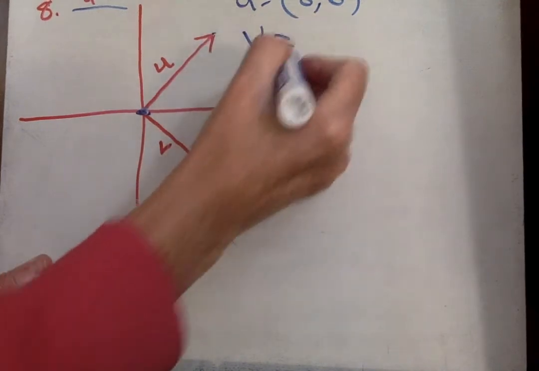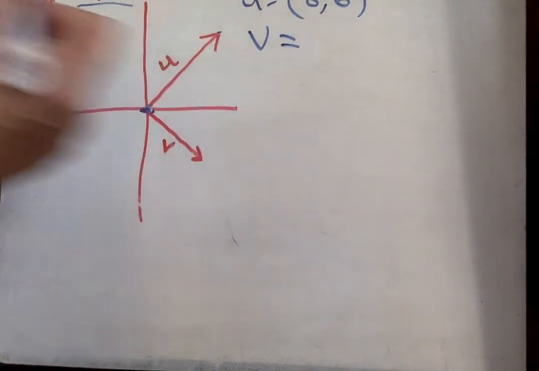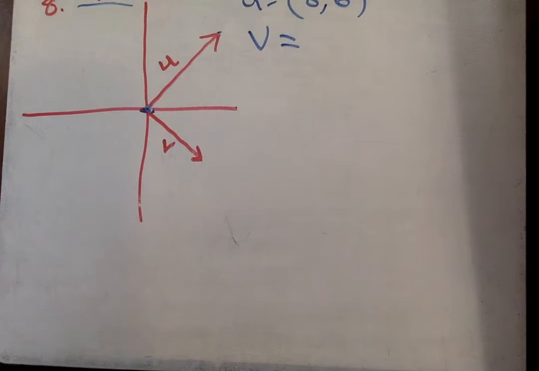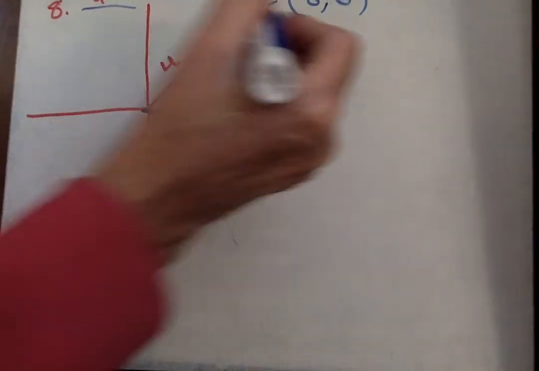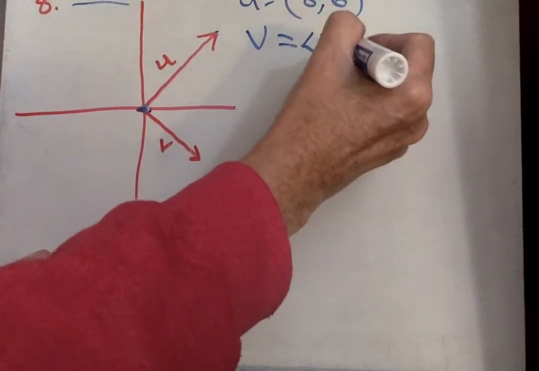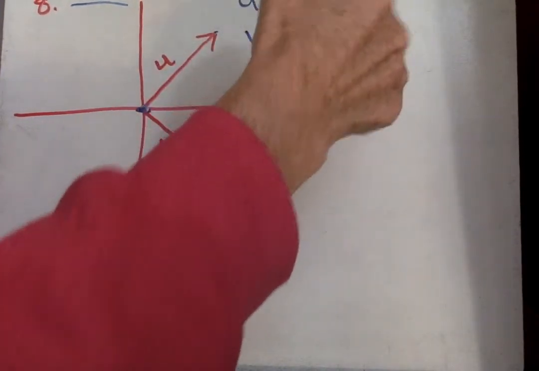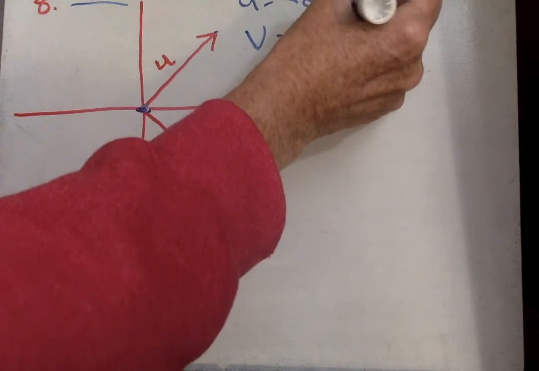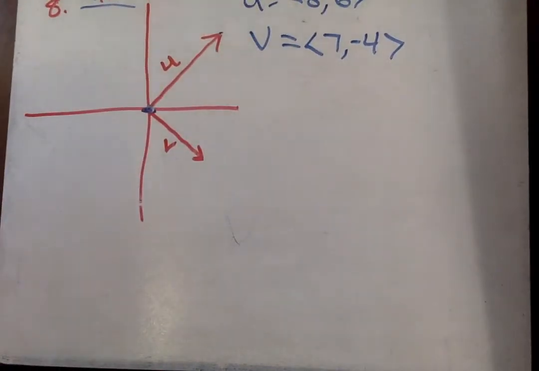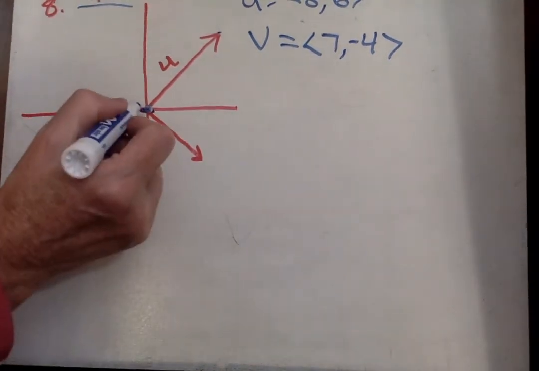And v equals, looks like it's 7, negative 4. Okay. So the first thing we need to do is graph our second vector as a negative. So our second vector, it's u minus v, so this is our second vector.